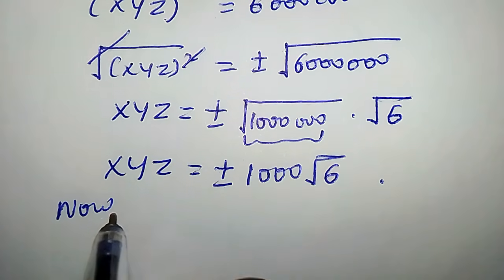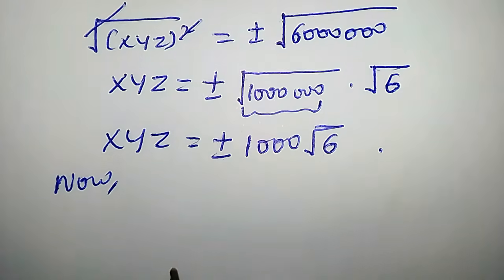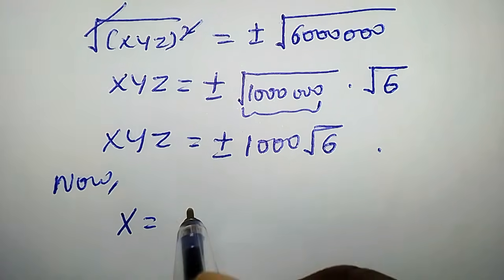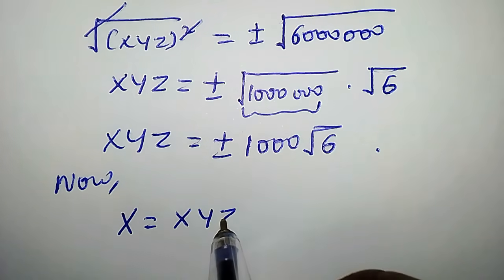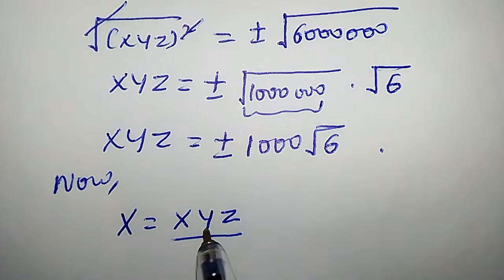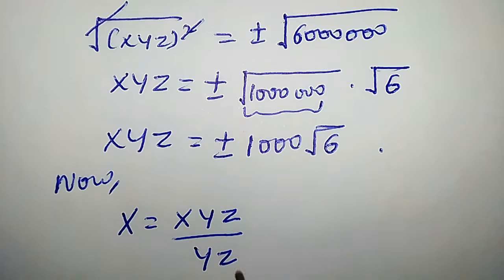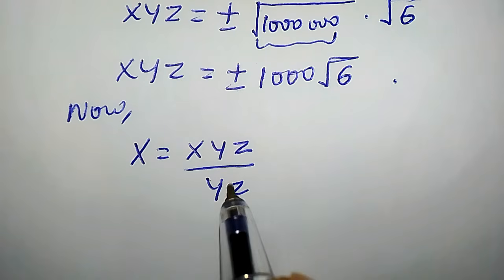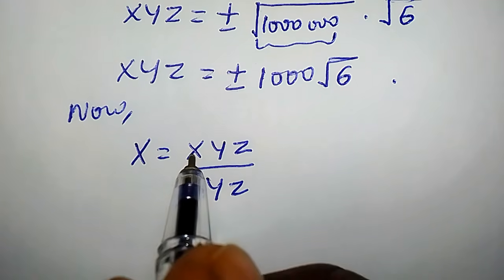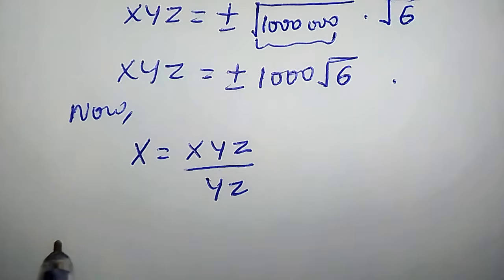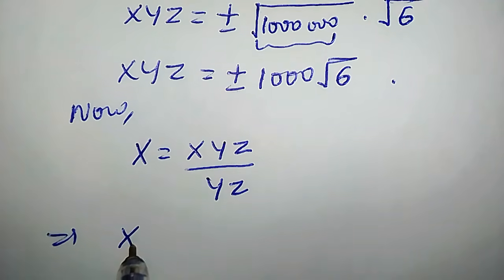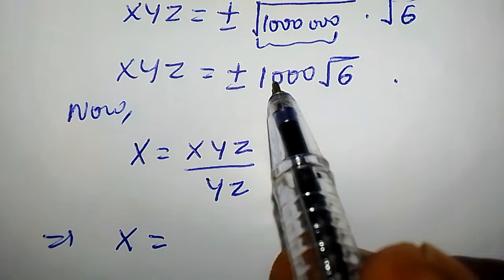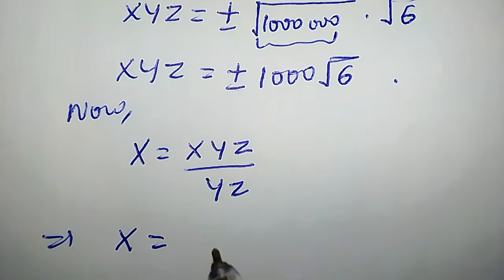Now, let's say we want to find the value of x. We know that x is the same thing as xyz divided by yz. That is, you divide this right hand side by yz. y cancels y, z cancels z. We are left with x equals x. This means that x equals, what is xyz? That is exactly what we have here.